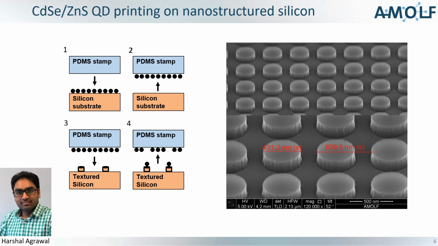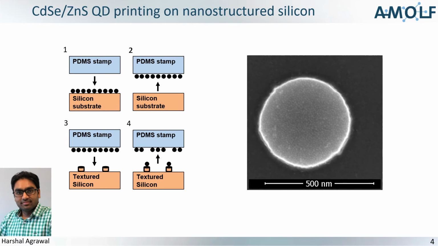And when we then remove the PDMS stamp, we are left with the textured silicon with quantum dots on top. That then looks like this. This is a zoom-in SEM after the printing of the quantum dots, where we see that the quantum dots have a homogeneous layer and are fully printed on the top of the silicon, but not besides the silicon.